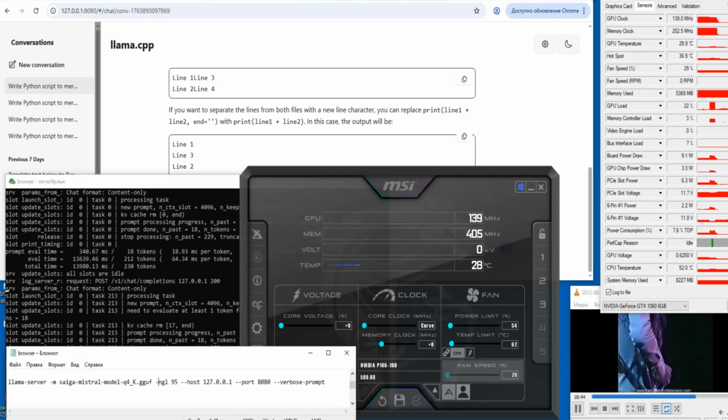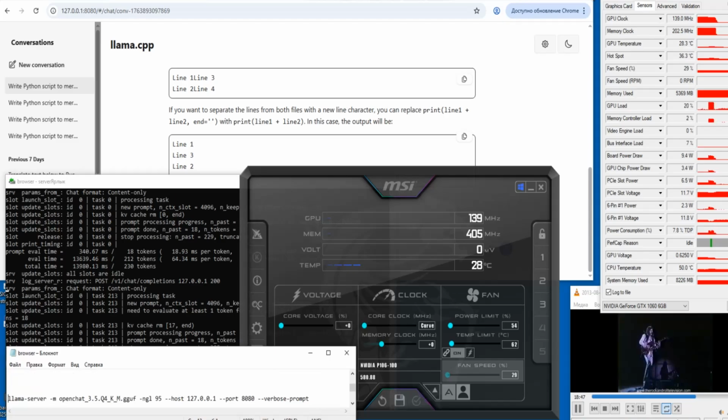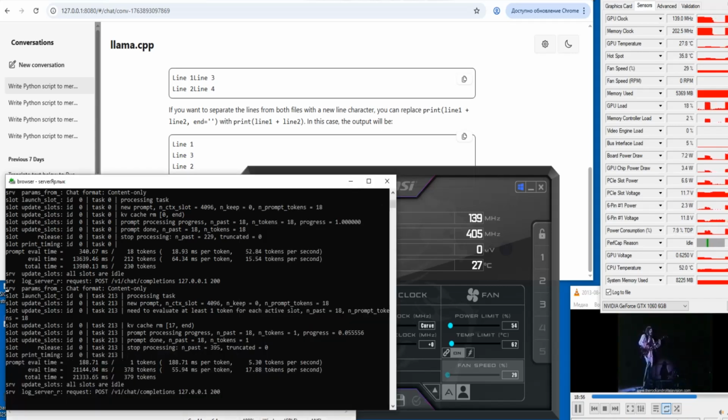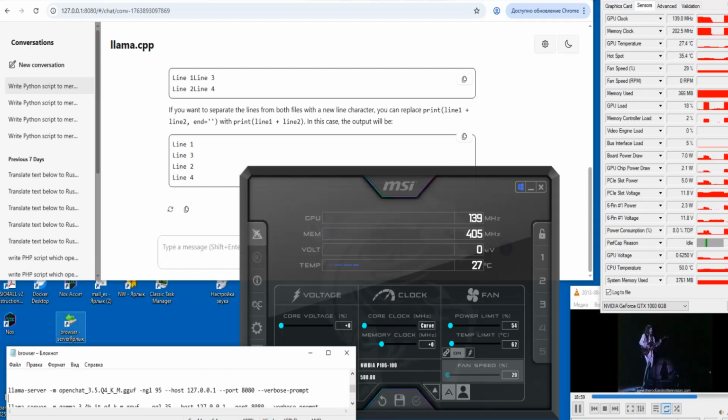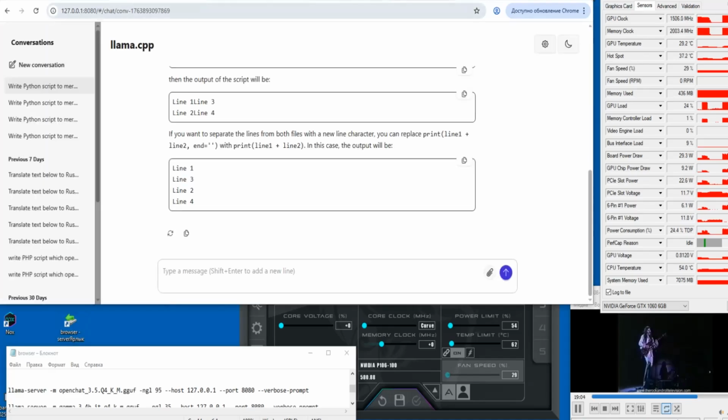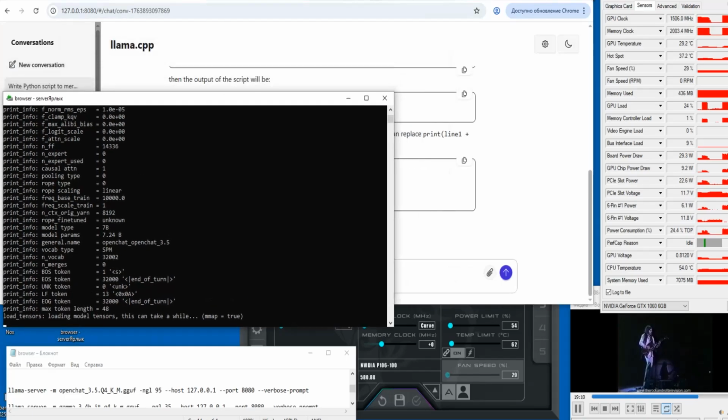Let's try the third large language model, OpenChat. Also the Q4KM GGUF format. We start the server again. We use the Llama.cpp server. Video memory is not yet occupied. The second language model is loaded in the RAM.